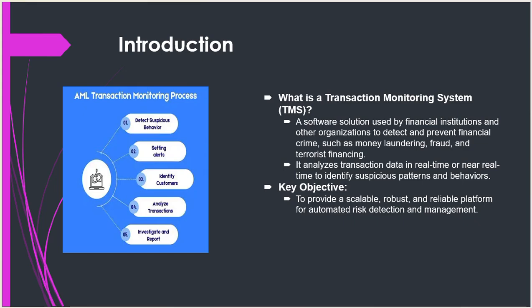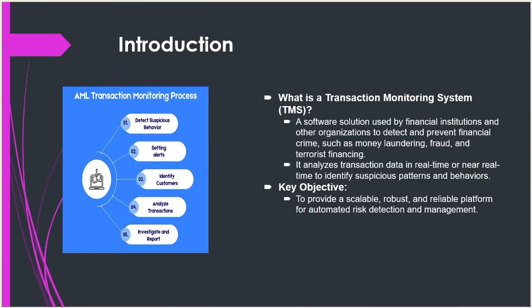The transaction monitoring system helps such institutions analyze transaction data in real time, near real time, or in batch processes to identify suspicious patterns and behavior in the transactions of particular customers.